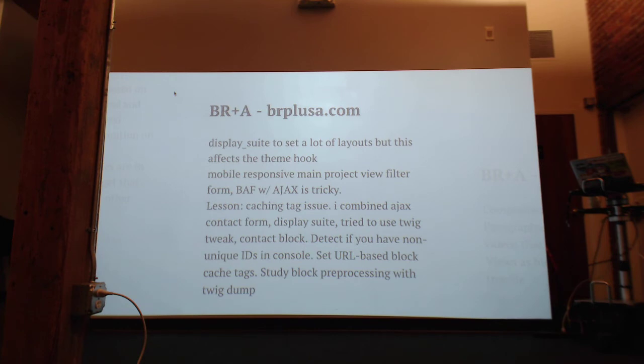And then that means that if it's on the URL that does have the search form, it'll have a different ID and it won't collide with the Ajax form. So anyway, just look for duplicate IDs on your submit buttons if your Ajax isn't working, and the way to fix it is cache contexts that are per URL in your pre-processed block hooks.